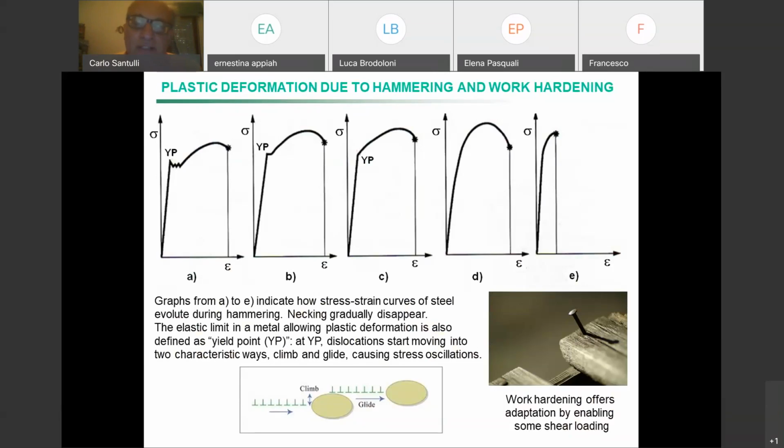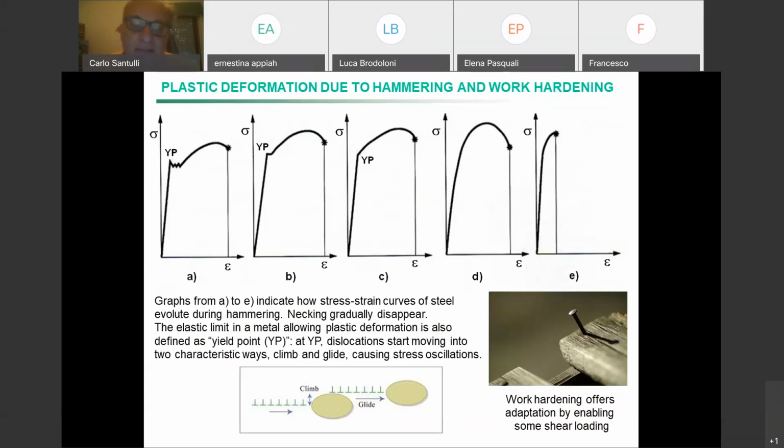With yield point you have the dislocations. You may remember that dislocations are defects of considerable extent which involve some non-negligible part of a grain. It's not just one atom or cation which is missing.